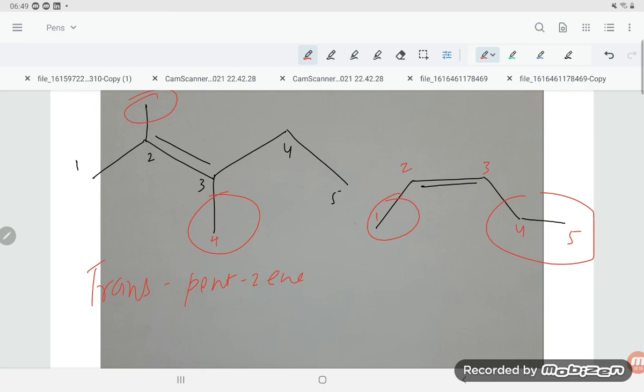So you see similar groups are on the same side. If you are putting the hydrogen here and hydrogen here, so it will be, what, students? Cis. Okay, cis pent 2 ene. So this way we write the name of the cis and trans, students. You have to practice a lot and then you will be able to understand the name of the compound here, students, right?